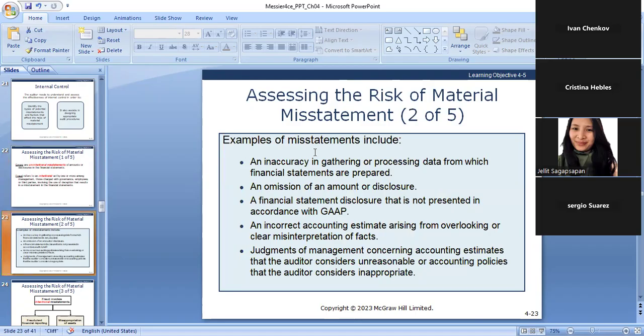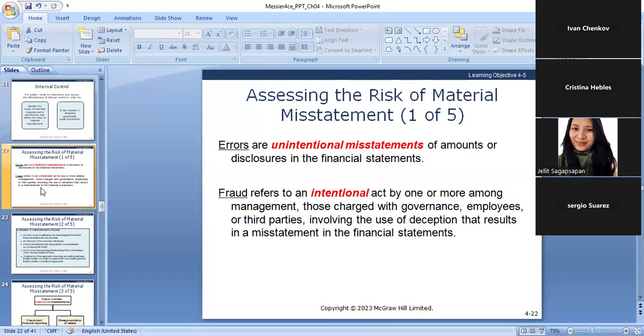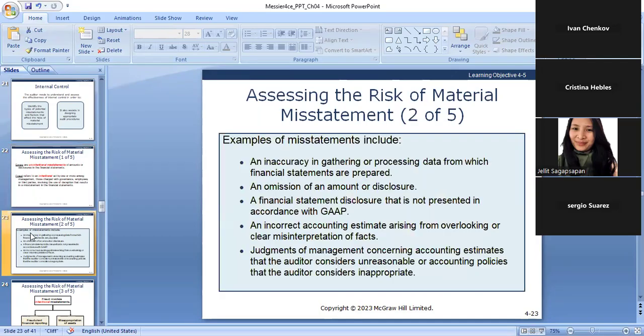And now the examples of misstatement. Now, what's the nature of the misstatement? We're not checking the nature of the misstatement. We're just checking what the examples of misstatements are here. Inaccuracy in gathering or processing data from which the financial statements are prepared. So basically the links in the accounting system are not correct.